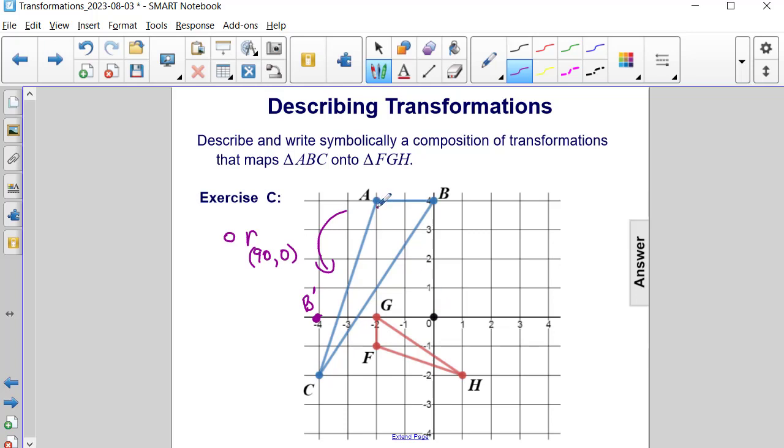So the slope of this line to get to the center of rotation is -2. So the slope for our new line will be the opposite reciprocal, so it will be +1/2. So this will be where point A prime will be.